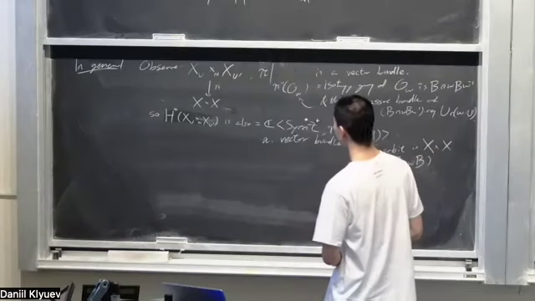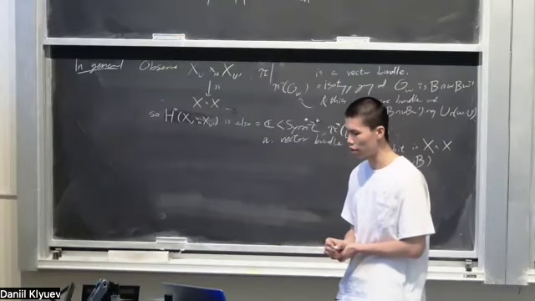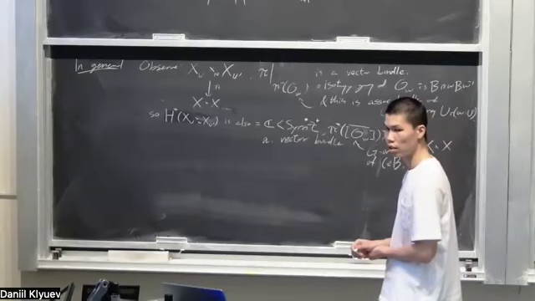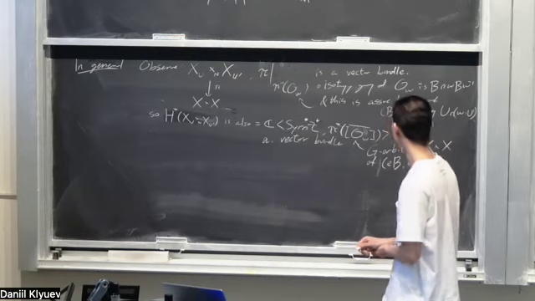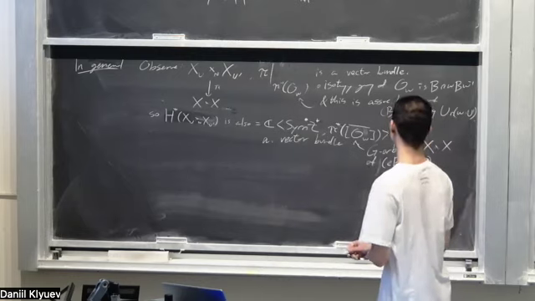Pi inverse. Okay, I see. So it's a cellular fibration. U is defined on the other blackboard, which is not currently showing. We take fiber product.